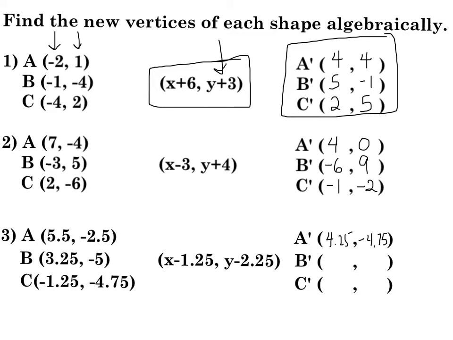For point B, 3.25 minus 1.25 is 2, and -5 minus 2.25 is -7.25. And lastly, we have -1.25 minus 1.25, which is -2.5, and then -4.75 minus 2.25 is -5. Nice job.